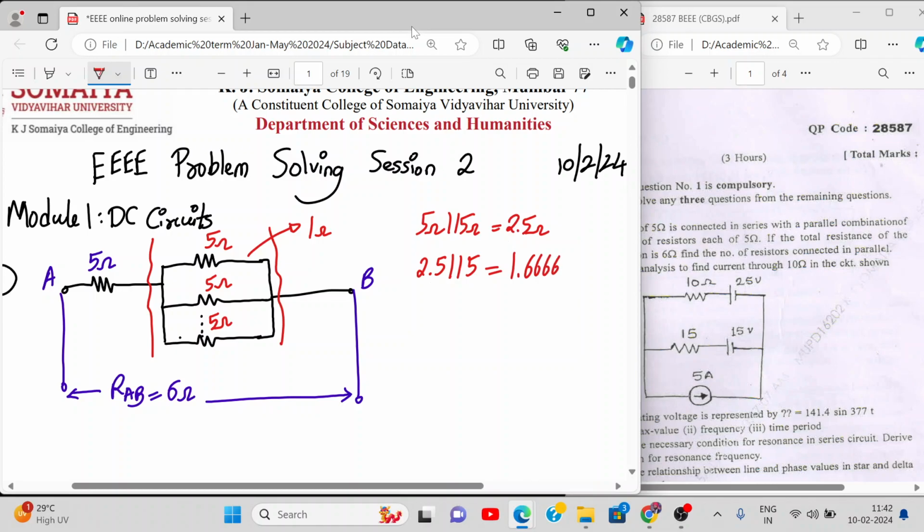Okay, now 1.666 parallel to 5 again. Do this. 1.25, right? Yes or no? Yes. So now again 1.25 parallel to 5. How much? 1.25 parallel to 5.